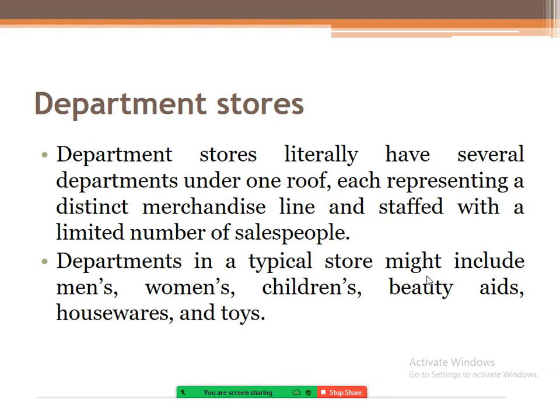Departments in a typical store might include men's, women's, children's, beauty aids, housewares, and toys. Here is a list of major department stores that have expanded outside their own country markets.